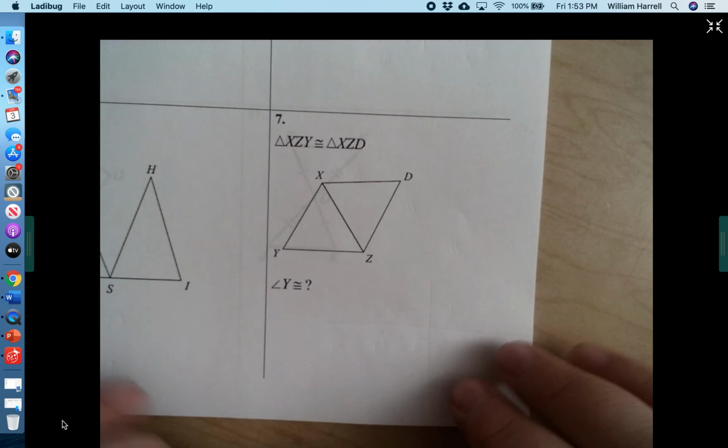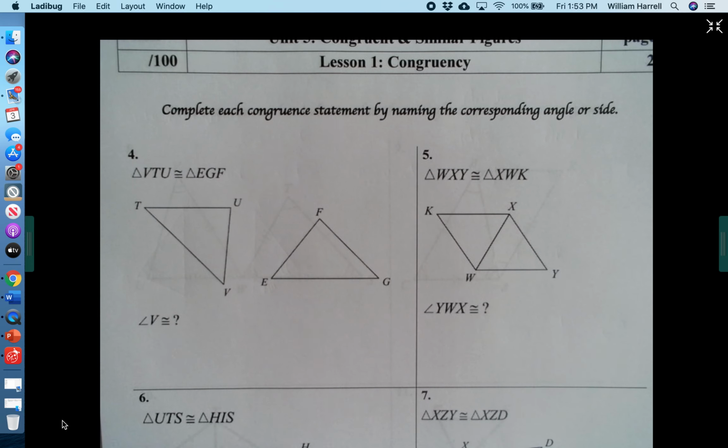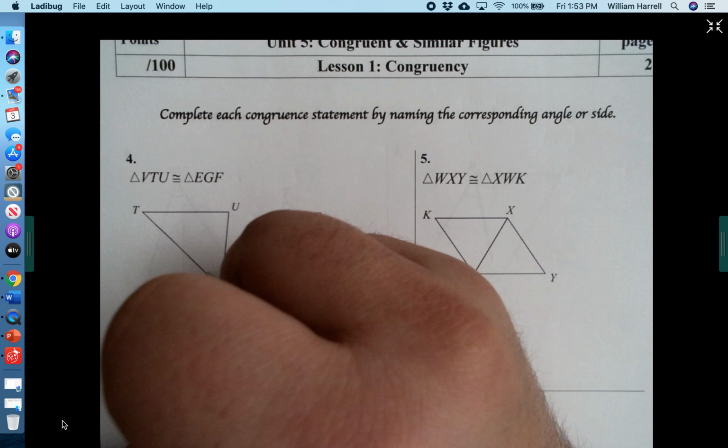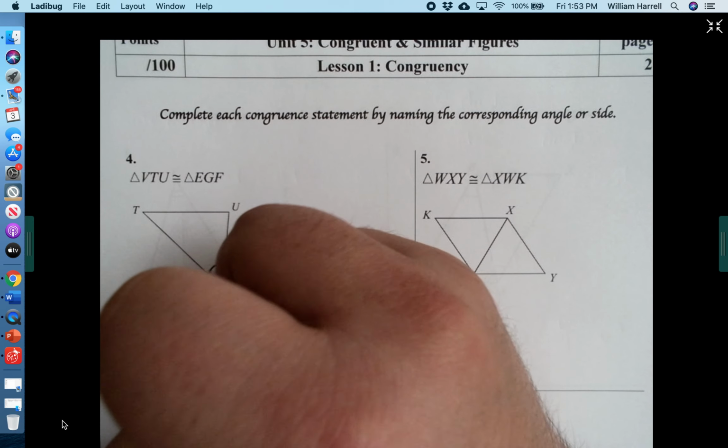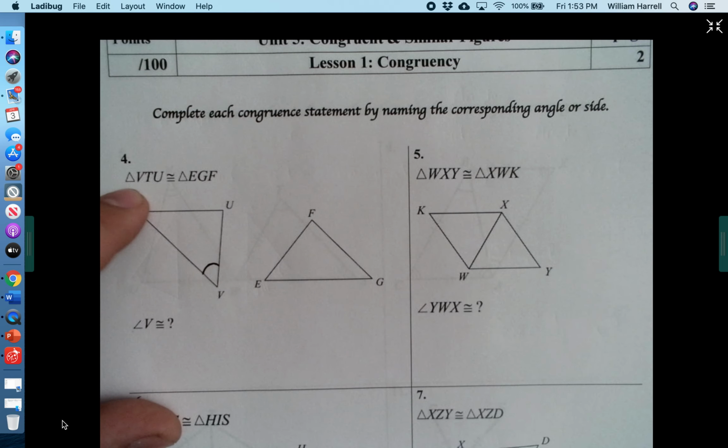Going on to page 2. Complete each congruency statement by naming the corresponding angle or side. So, angle V. Okay. What angle does it go with over here? Now, the way I like to do this, especially when I'm given angles, is look at how my figures are listed.